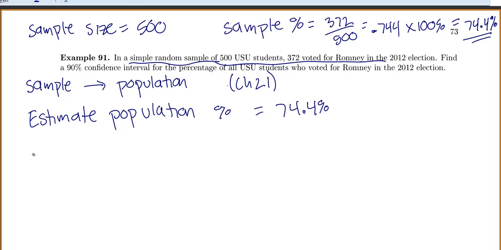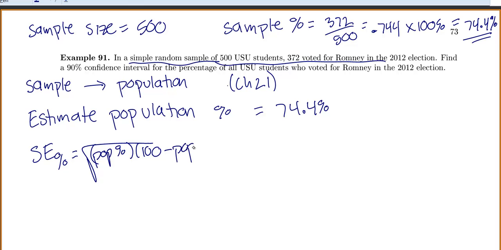Then find your standard error. And the formula for standard error is population percent times 100 minus your population percent over the sample size. Now, do we know the population percentage to plug into this formula? You have to use your estimate.